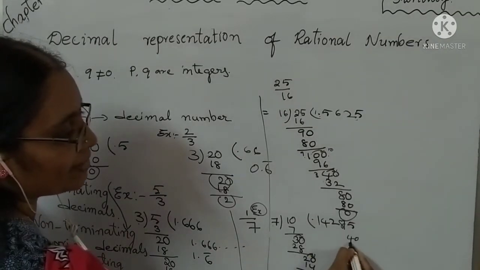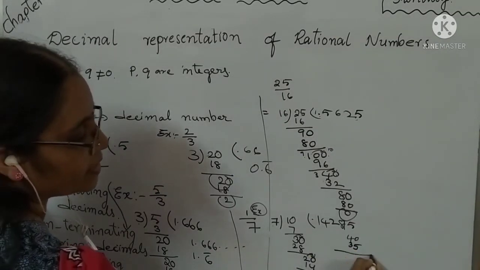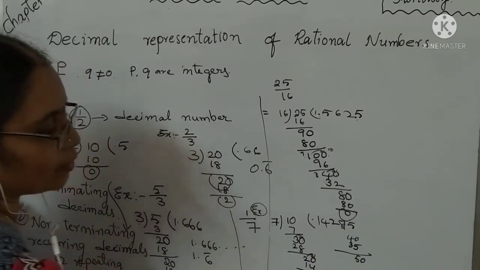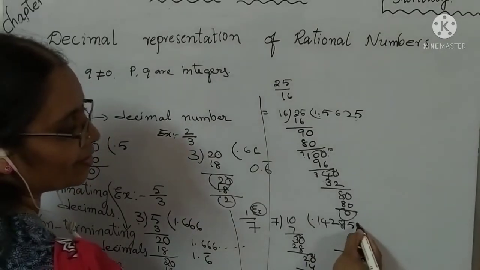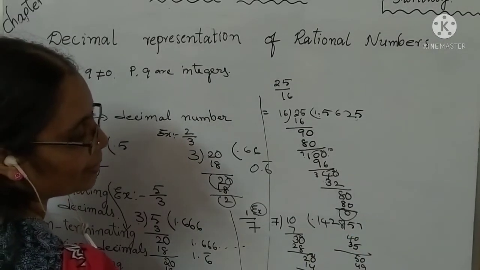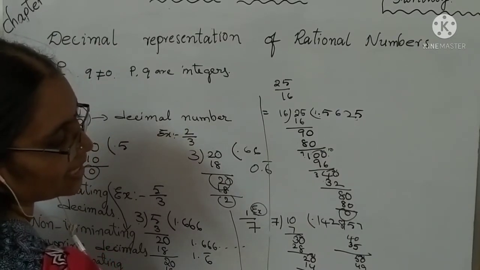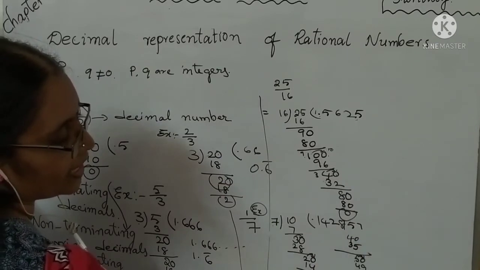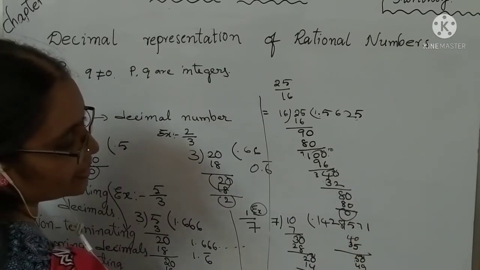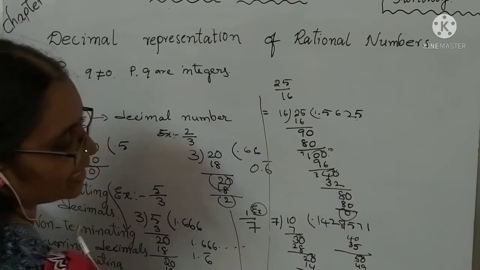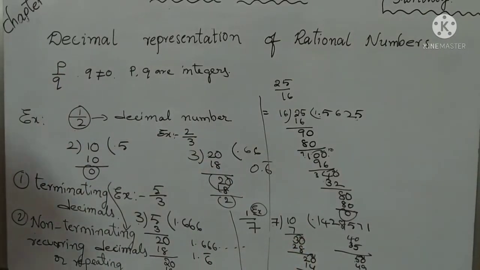Here 5 times. So here 5. Again take the 0. How many times? 7 sevens are 49. 1 will be got. 50 minus 49, it means borrowing 10. 10 minus 9, 1. 1 minus 1, 0. Again 0, 1 time. 7 ones are 7. Again 3.